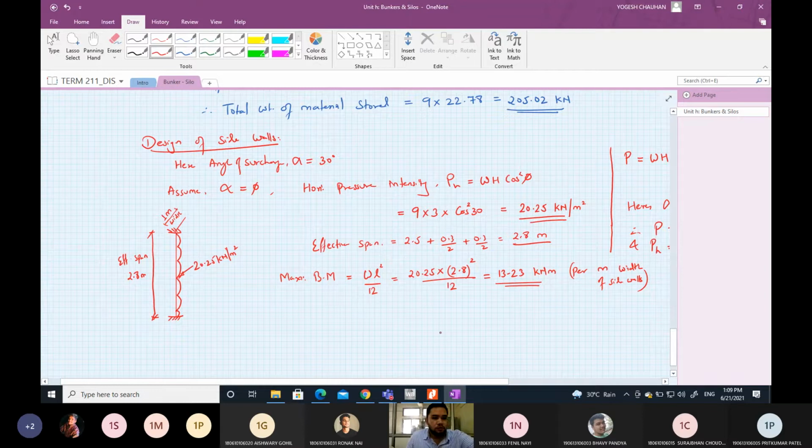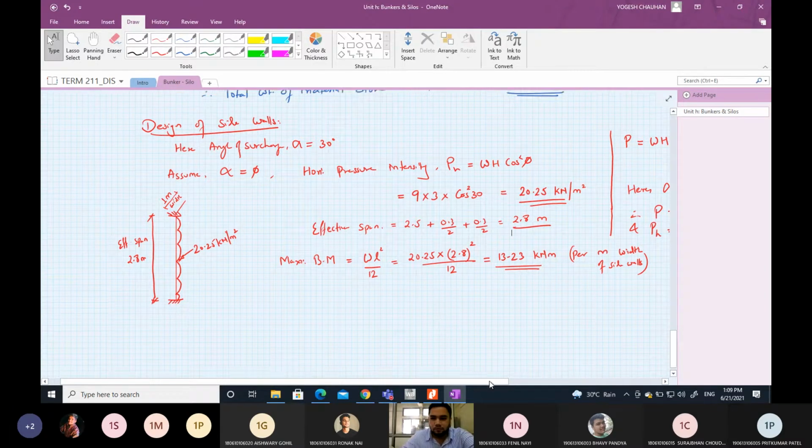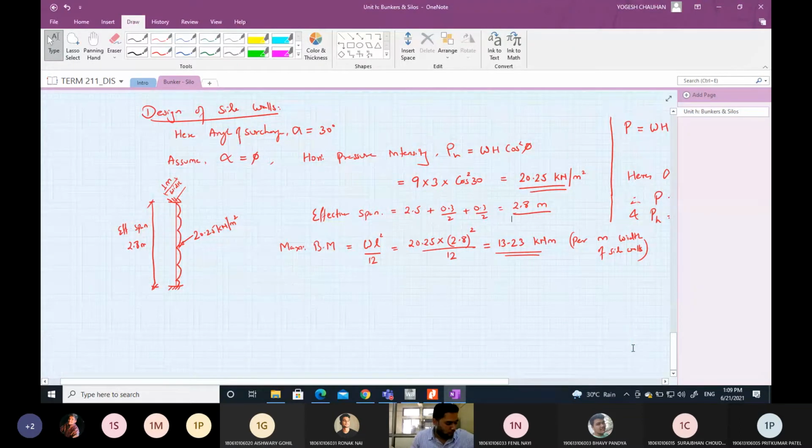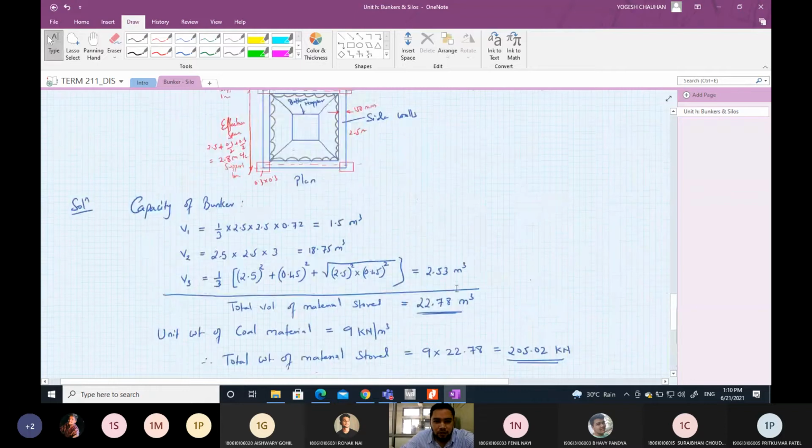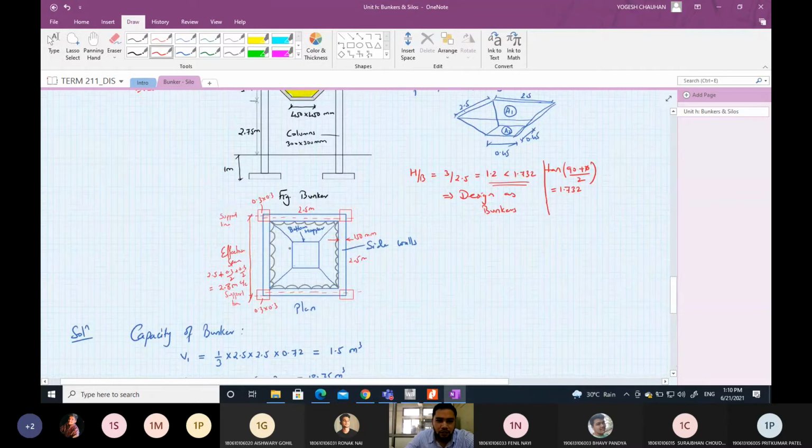Okay, so now let us find the maximum tension in the side walls, because the pressure on the opposite edges will cause tension on its adjacent edges.